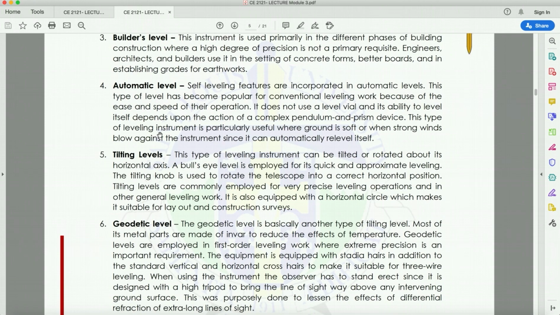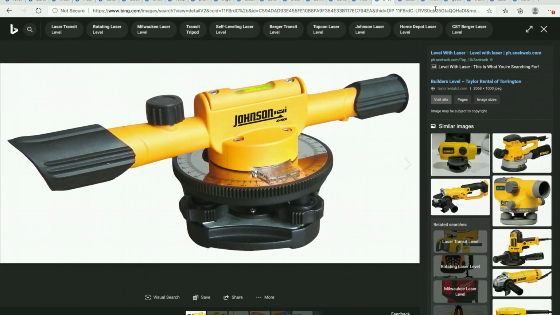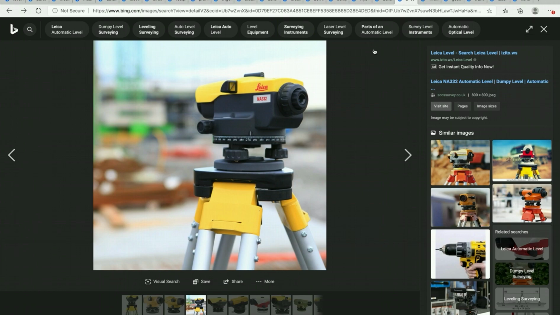This type of leveling instrument is particularly useful where ground is soft or when strong winds blow against the instrument since it can automatically level itself. So this is an automatic level.